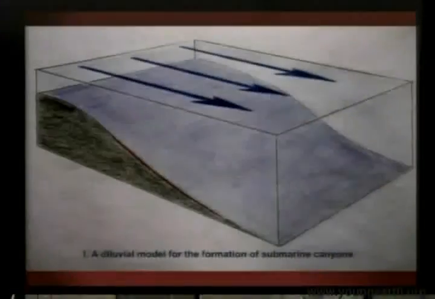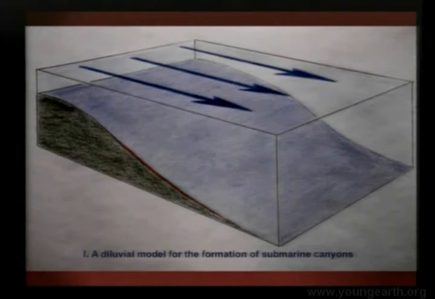I'm going to move on to another feature formed during the channelized flow, but instead of an erosional feature like pediments and water gaps, I'm going to talk about, no, this is an erosional feature. Excuse me. This is the formation of submarine canyons. Now, these are the submarine canyons. There's about, well over 100 or 200.